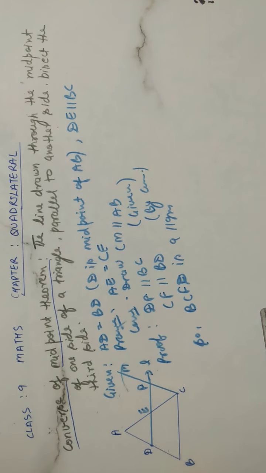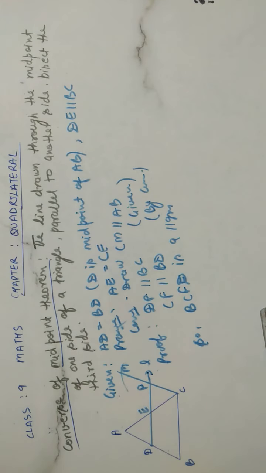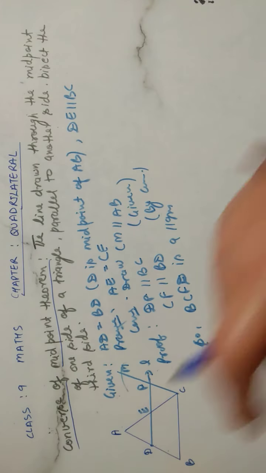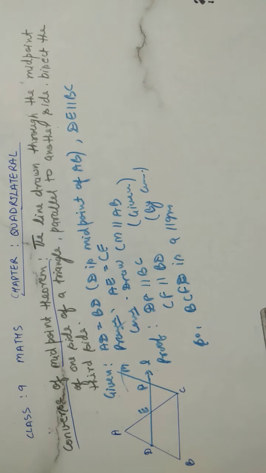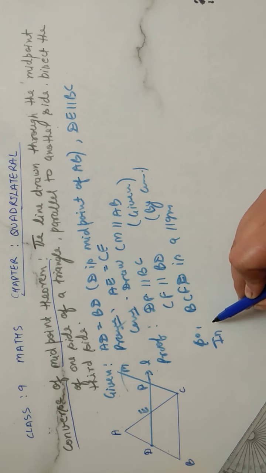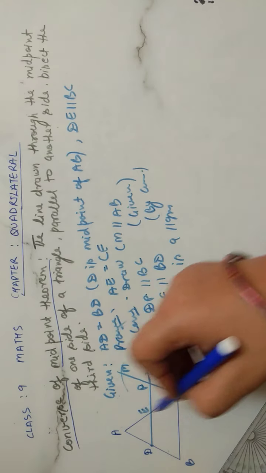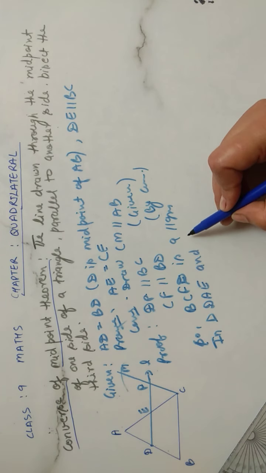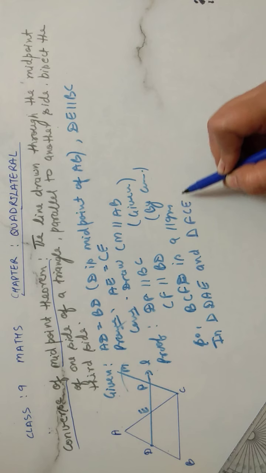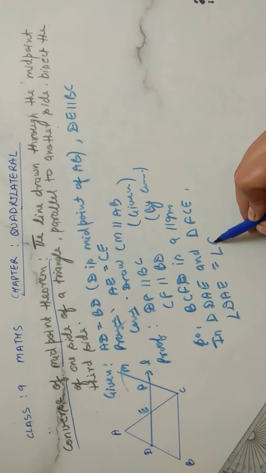Now what we need to prove is that AE is equal to CE. So again we take the same triangles: in triangle DAE and triangle FCE, angle DAE is equal to angle FCE.